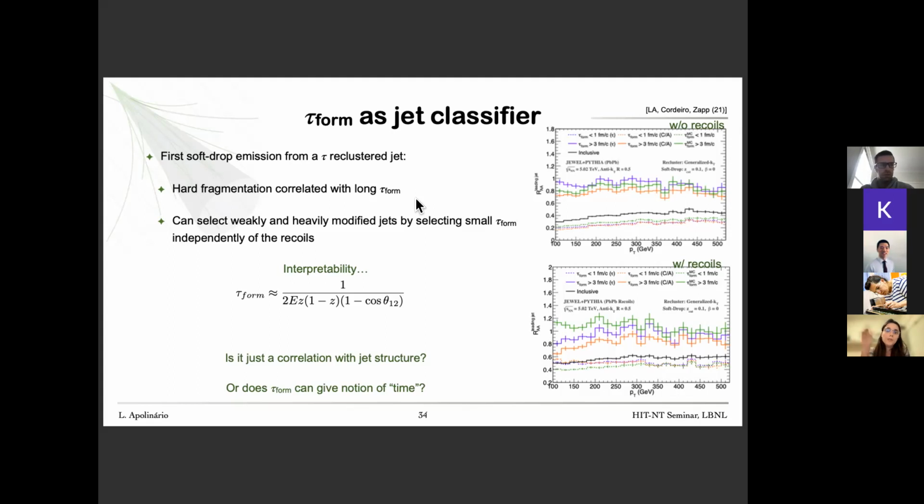So if, and this is a lot of ifs, I think, you are triggering just on hard structures, at the end, I think you could relate this with the formation time, and with the time you could hypothetically use to try to think of these space-time pictures. But otherwise, I think it's just a more efficient way, and I say efficient because you do need to wait also for the energy.